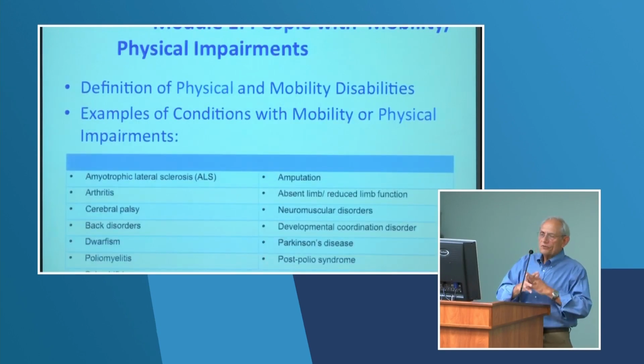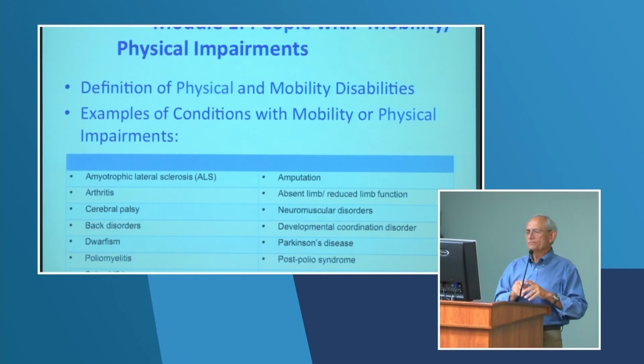All right, the first module, people with mobility and physical impairments. This may be difficulty walking, difficulty with balance, difficulty with arm movements and coordination.